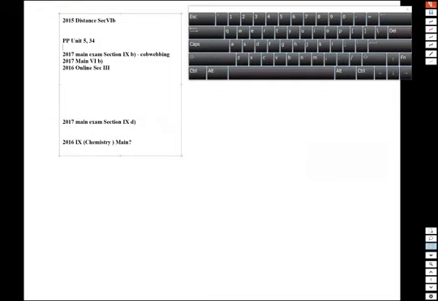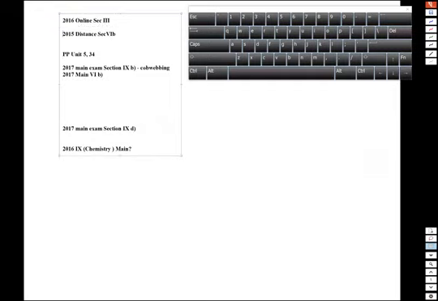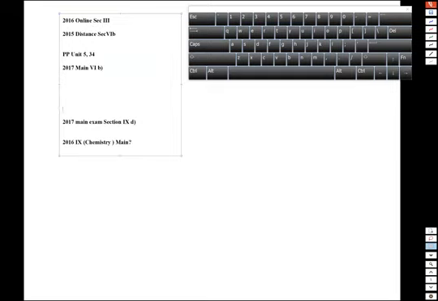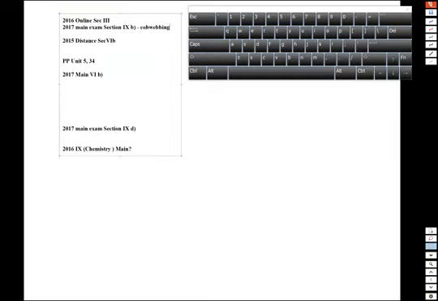So put these in order. Do this one first. We'll probably squeeze this in, but it'll just be a cobwebbing example, not necessarily from 2015. There's the 2016 one. There we go. That'll be our new order.